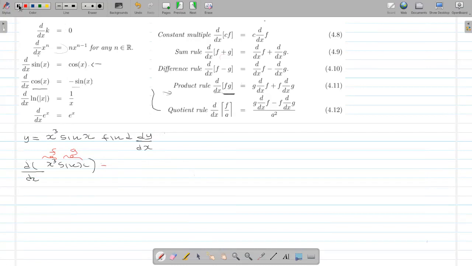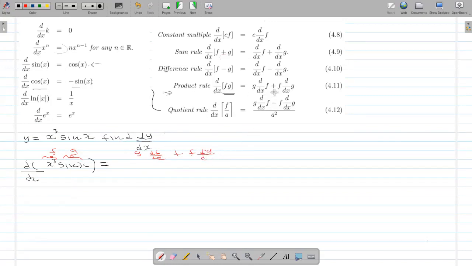So according to this rule, I have g times df over dx plus f times dg over dx.